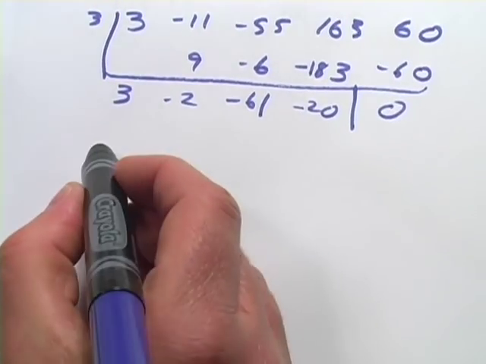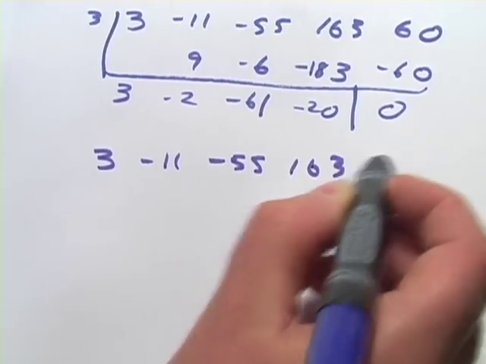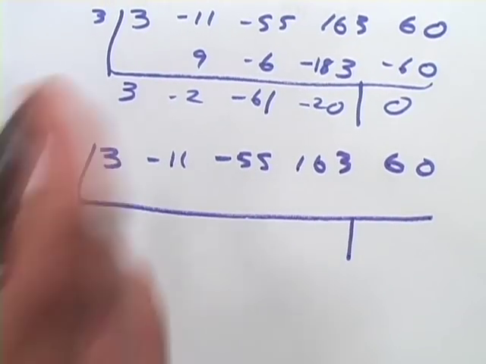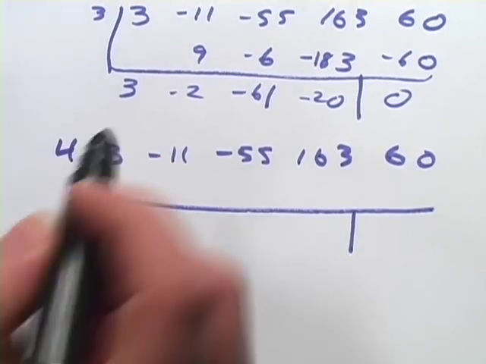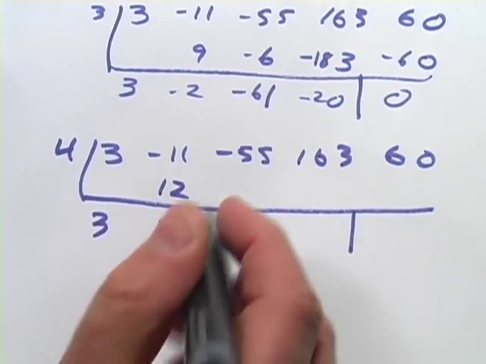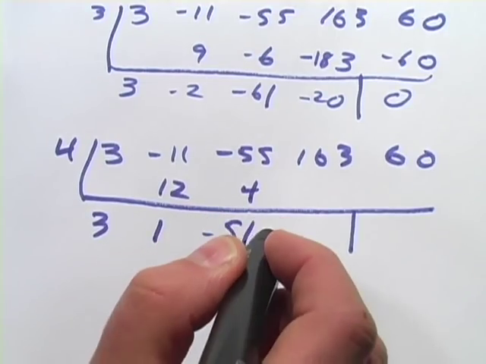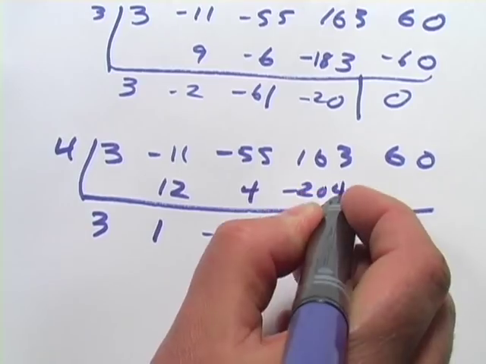Let's do another one. The next one is x minus 4. So we'll set it up again. x minus 4, so this will be a +4 out here. 3 times 4 is 12, that's 1 times 4, and that's -51 times 4 is -204.